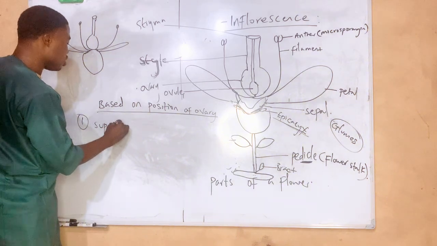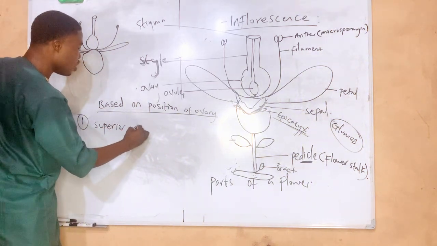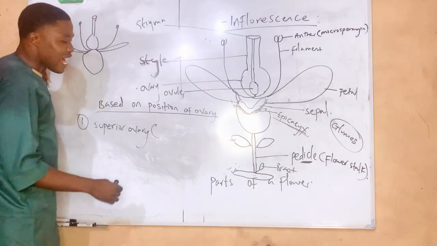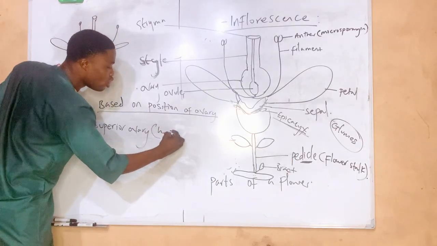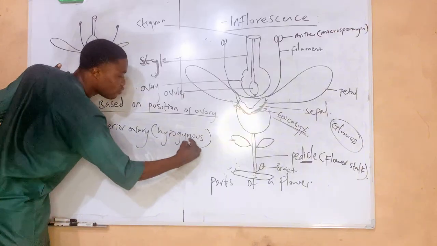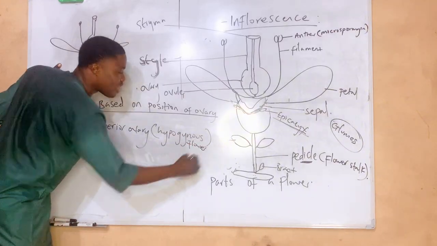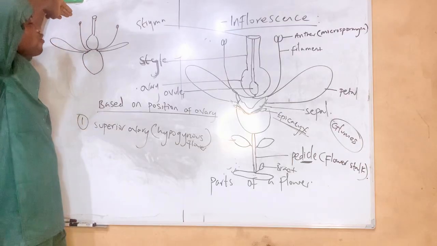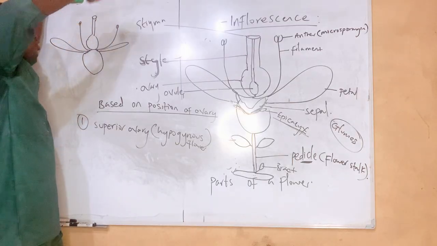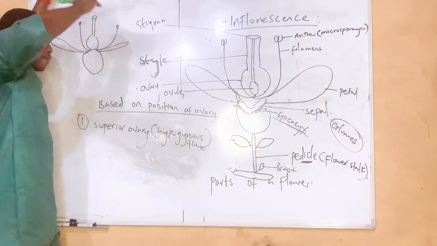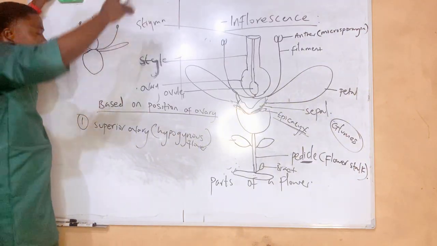Do you get? This ovary is said to be a superior ovary. Superior ovaries are found in flowers that are hypogynous. So when an ovary is superior, such a flower is said to be hypogynous because the gynoecium is above the receptacle and slightly above other floral parts.